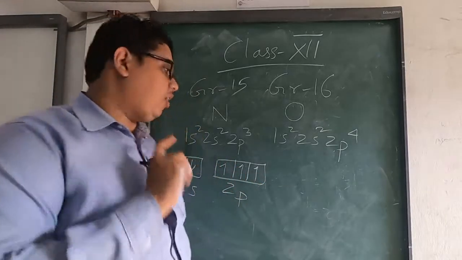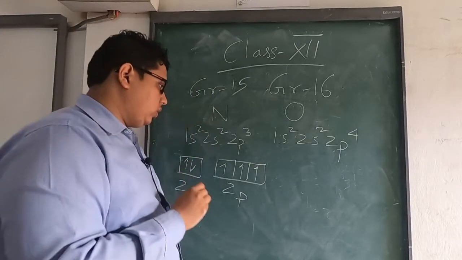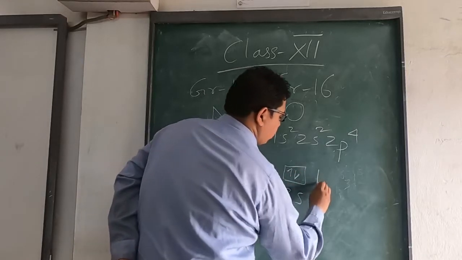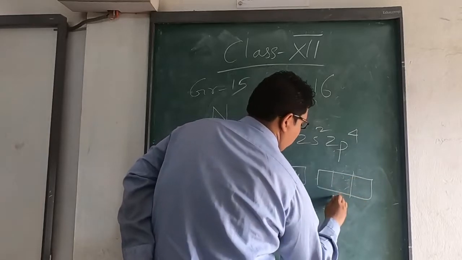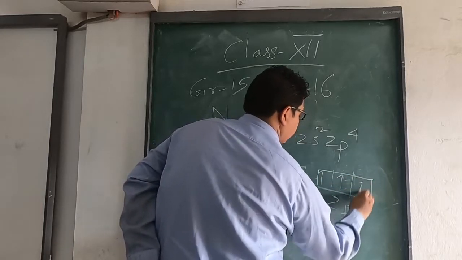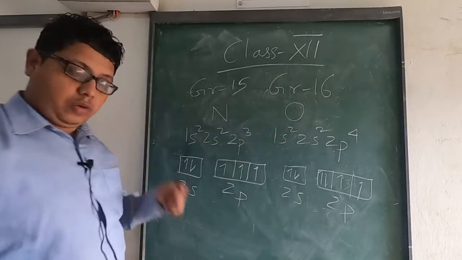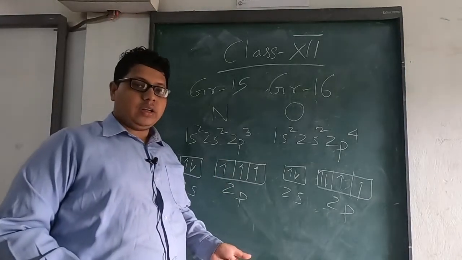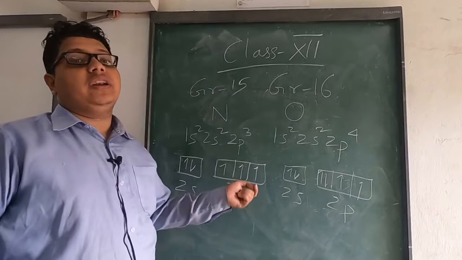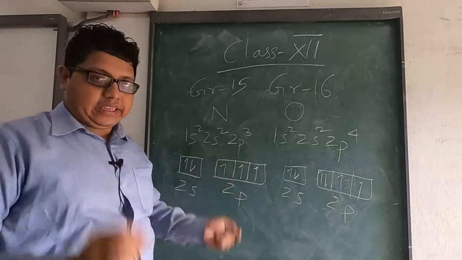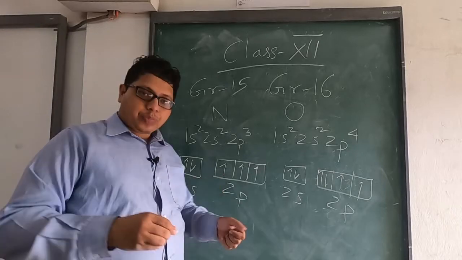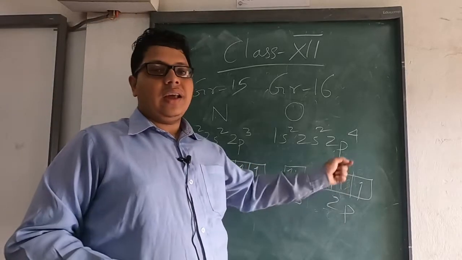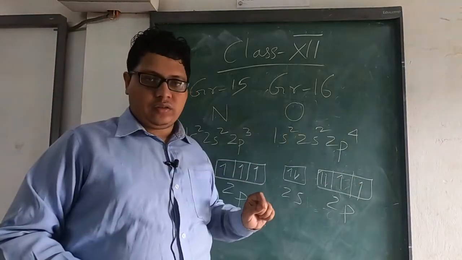In case of oxygen, 2s is completely filled, and the 2p is more than half filled. It is one more. If it is half filled, it has extra stability. Because of that extra stability, we cannot remove the electrons from nitrogen as easily as we can remove them from oxygen.